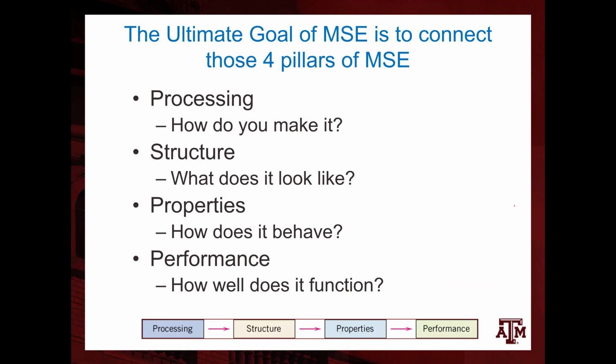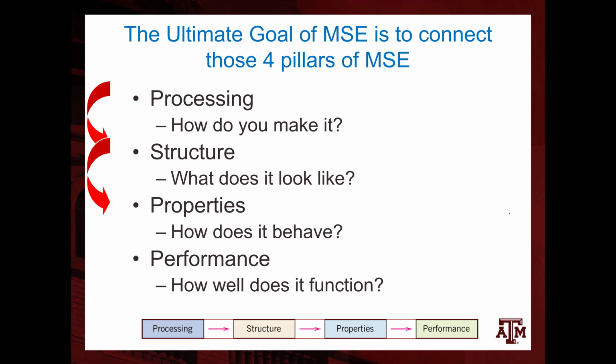concept in this field, which is that we have four pillars to be able to perfect or optimize the performance of any engineering component or device, and that's the processing, structure, properties, and performance.